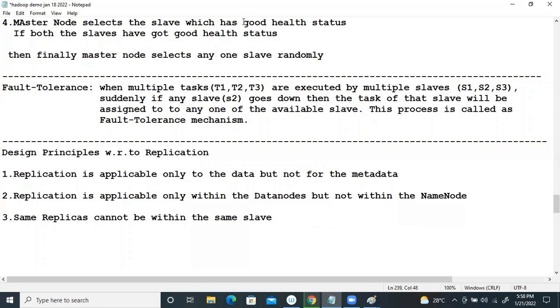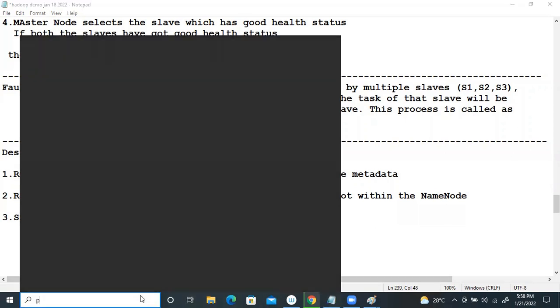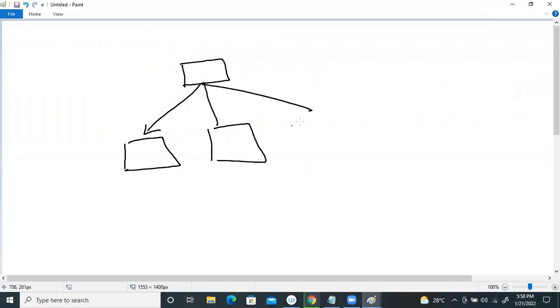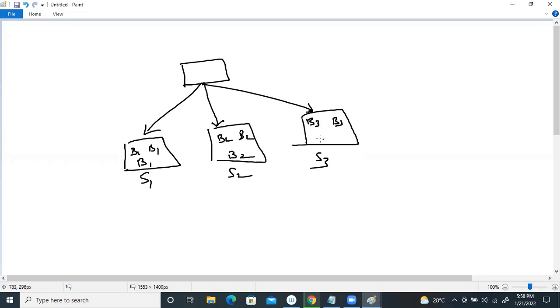For example, this is the master node, and these are slaves S1, S2, S3. If you are saving B1, B1, B1 in this manner, B2, B2, B2 in this way, and B3, B3, B3 in this way, then there is a problem.